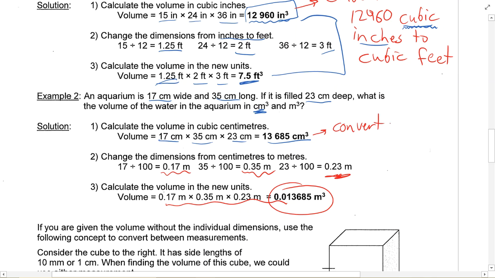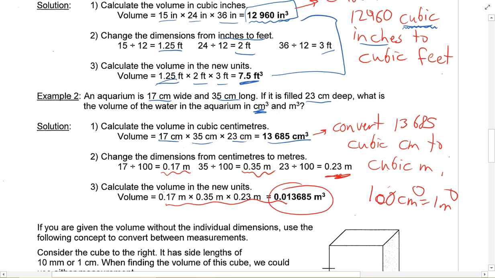Convert 13685 cubic centimeters to cubic meters. Okay, and it's going to pop up. Now, once again, you cannot use the 100 centimeters equals 1 meter because there's no exponents.